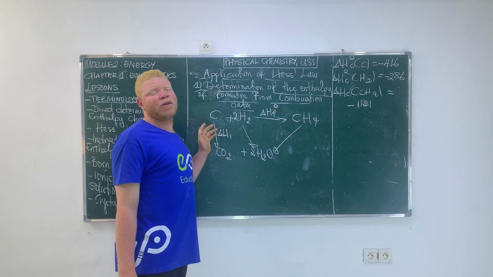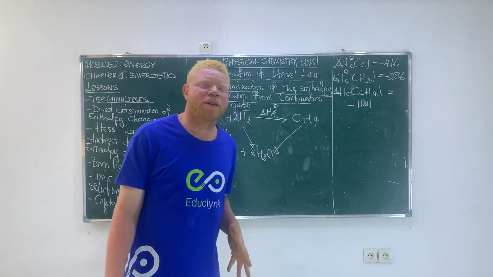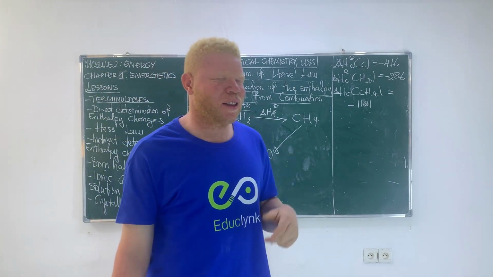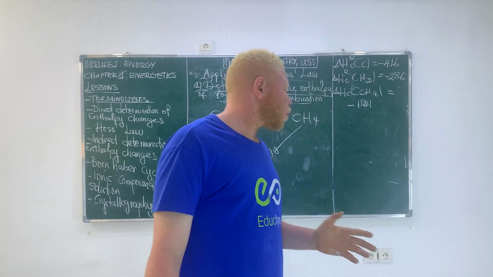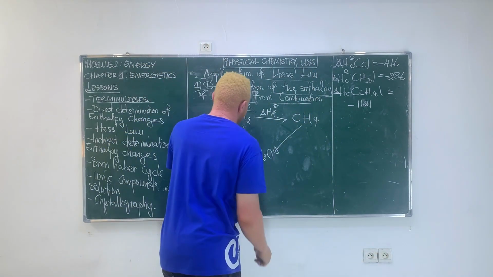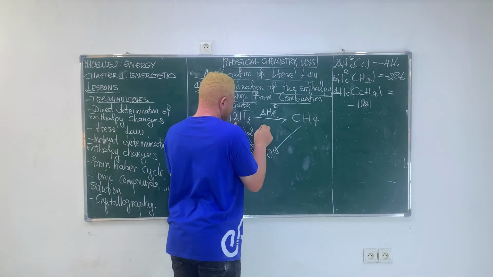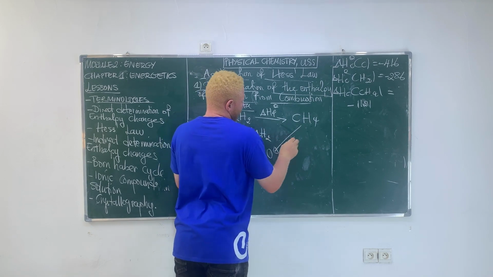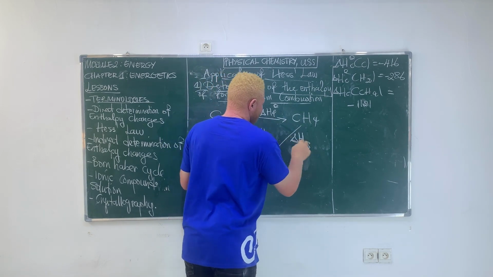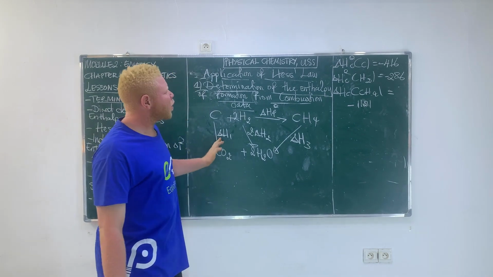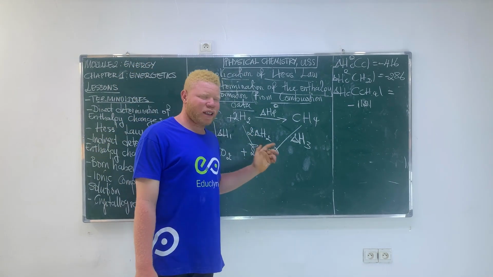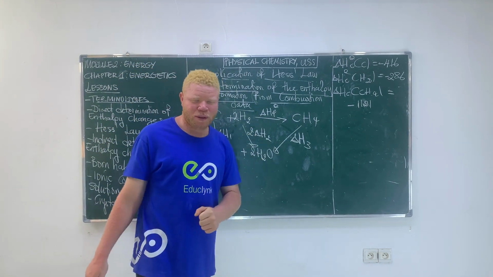The coefficient of carbon is 1, that's why I'm multiplying by 1. The coefficient of hydrogen is 2, that's why I'm multiplying by 2. So it will be 2 times delta H2, and delta H3 for methane.